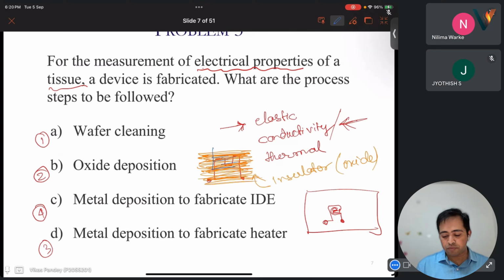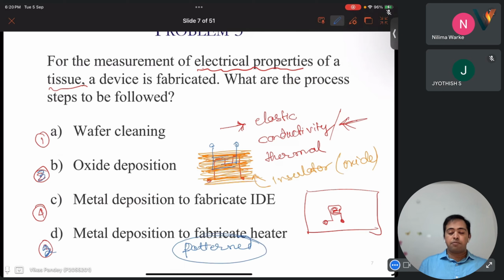Here two steps are actually missing. Then is the oxide deposition, and then the metal deposition to fabricate the ID. But here patterning has been skipped.